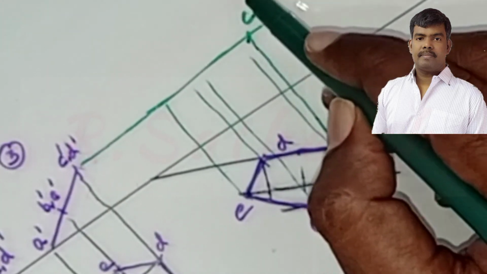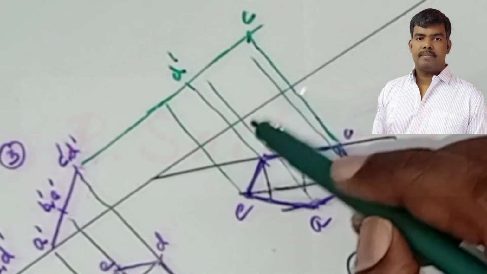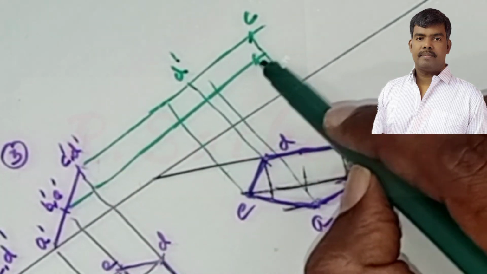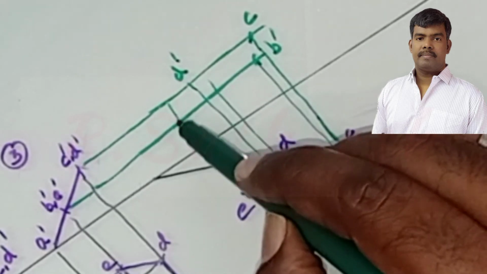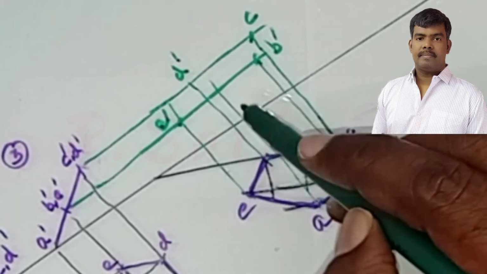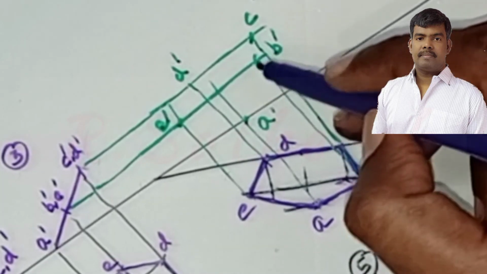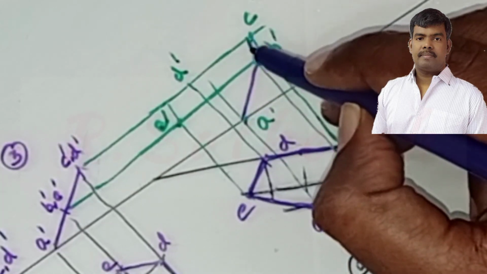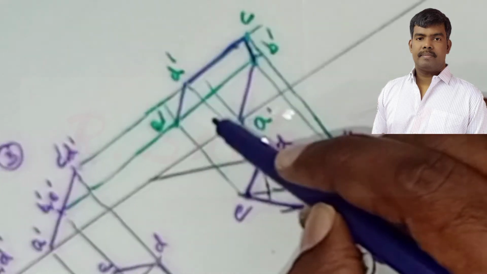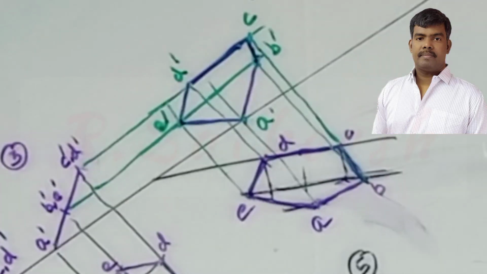C dash. Where is D? D dash. Next B, E: this is B dash, this is E dash, and A projects to A dash. Now you join A to B, B to C, C to D, D to E, E to A. This is the solution.